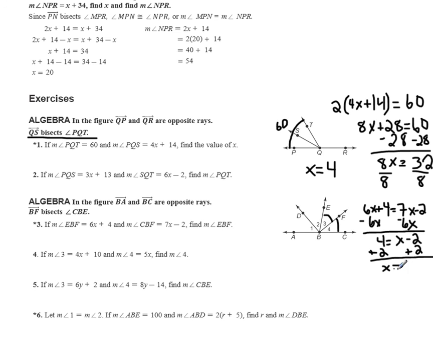X equals 6. Now the question is, find the measure of angle EBF. It doesn't say find x. So here's EBF. We're going to plug in the 6 that we found and solve. 6 times 6 is 36. 36 plus 4 is 40. So the measure of angle EBF equals 40.